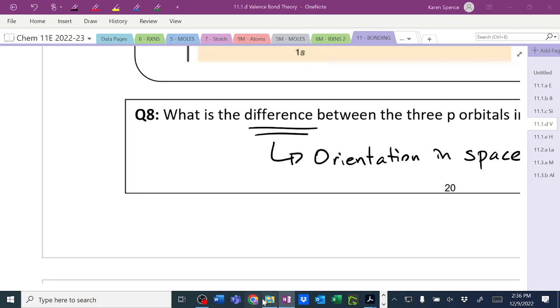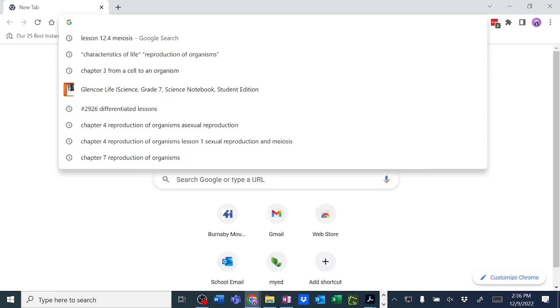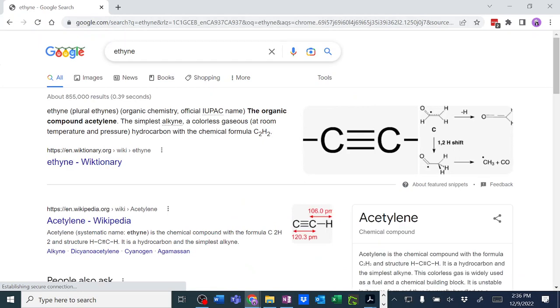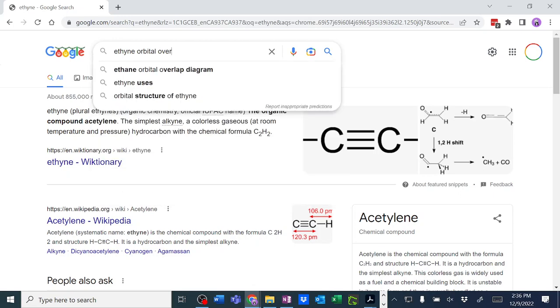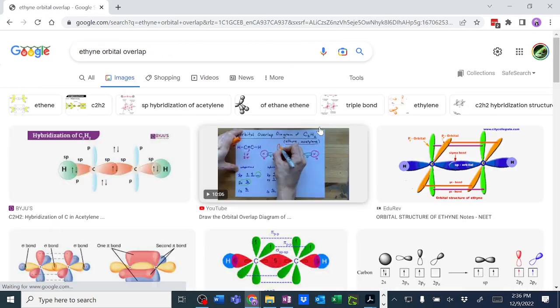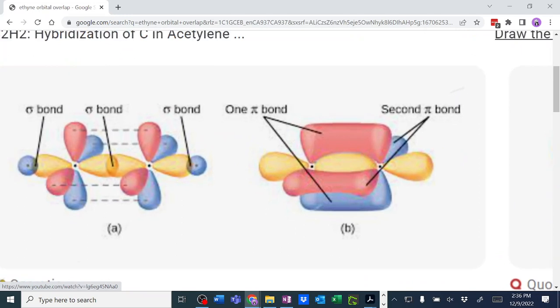Hang on a sec. Let me see if I can find one for ethine. Okay, so here is ethine.